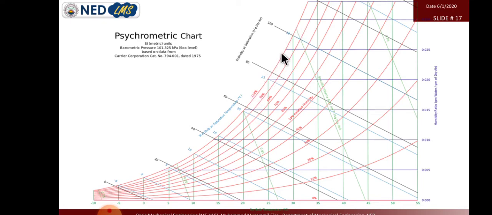This is 100% humidity, and the graph cannot move further left. So what happens after reaching the dew point? It is also called the dew point, 100% humidity. The water molecules in the air, which are in the gaseous phase, now condense to their original liquid water form.